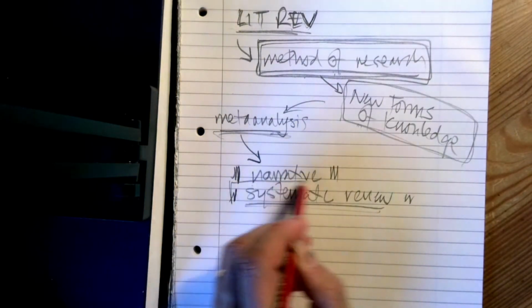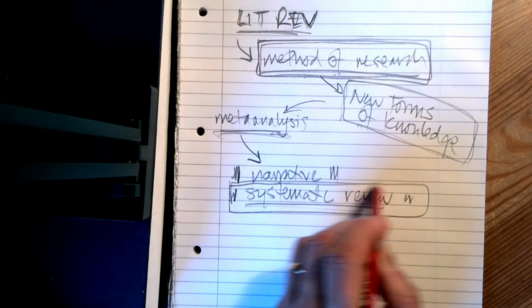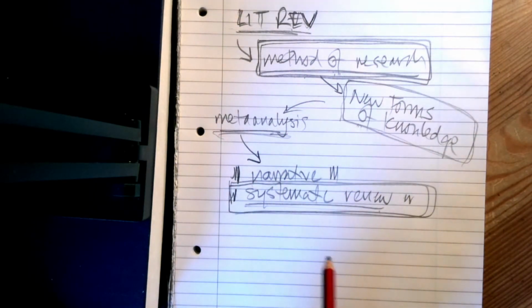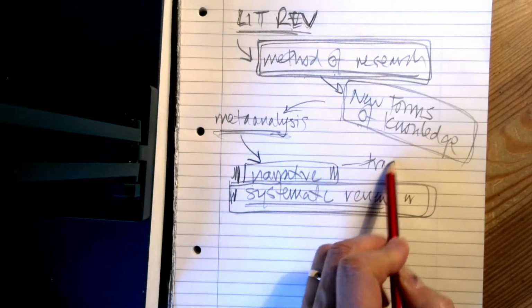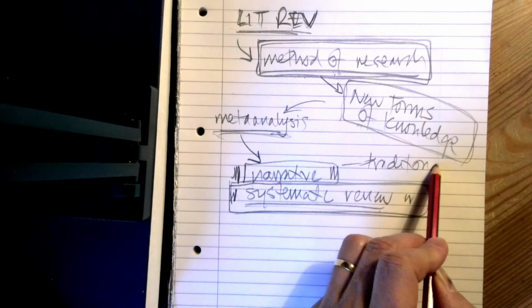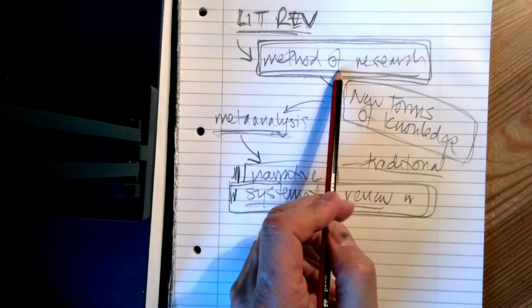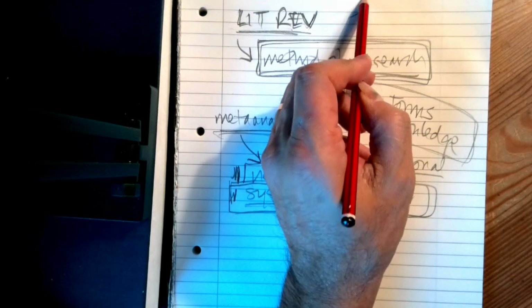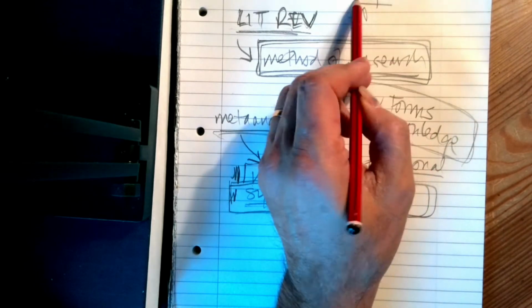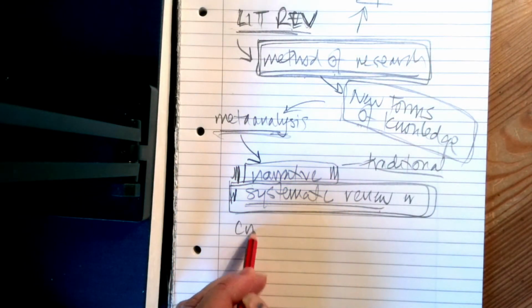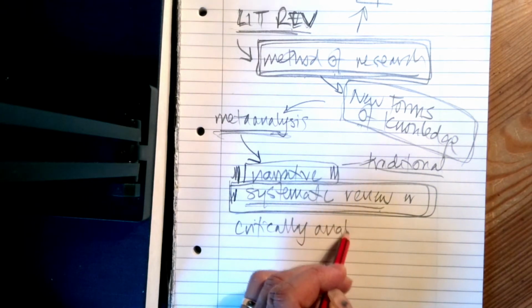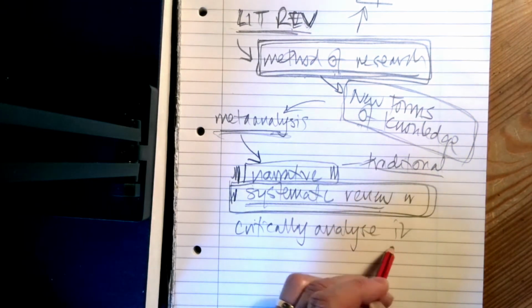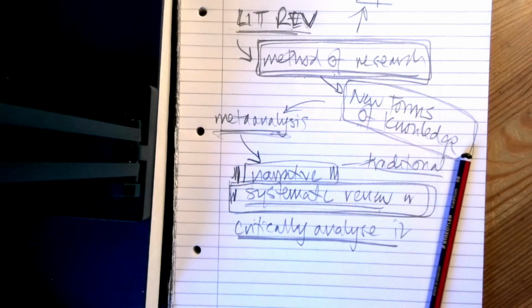Generally speaking, the kind of reviews we ask undergraduates to do tend to be called the narrative ones or the traditional ones. And the purpose, as I've stated before, is that you're researching a topic or a question to critically analyze it. So we'll draw that out a little bit further.